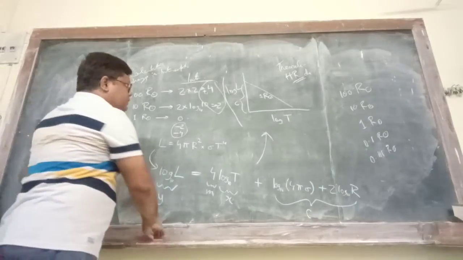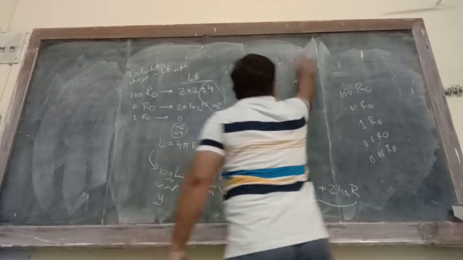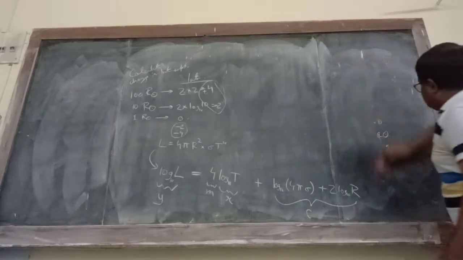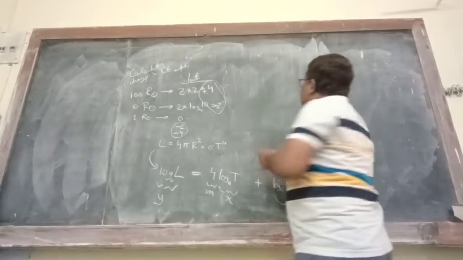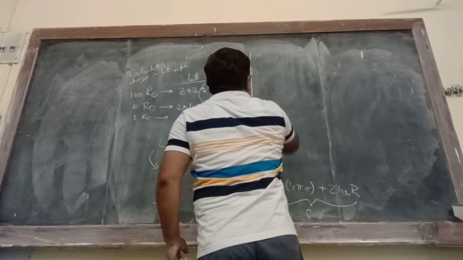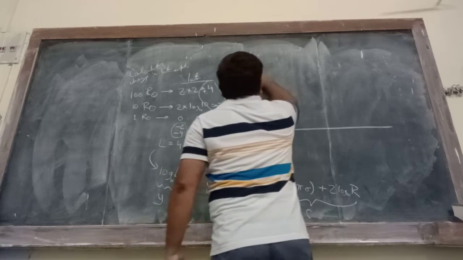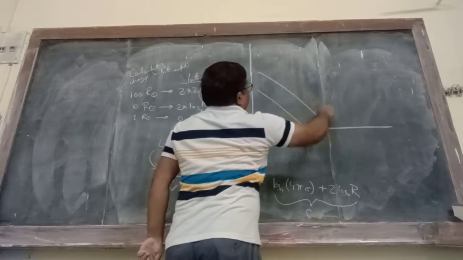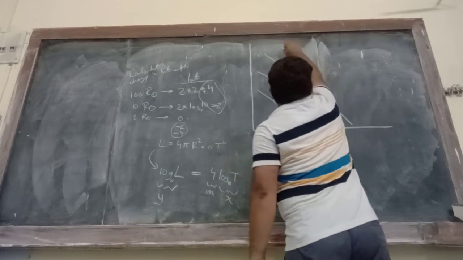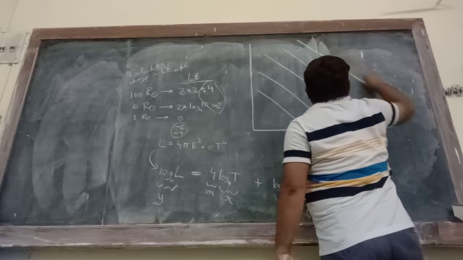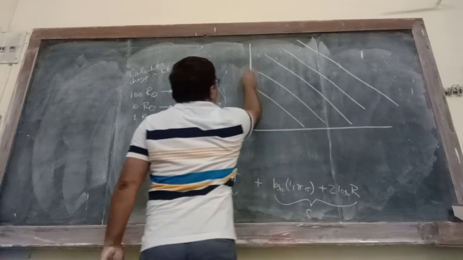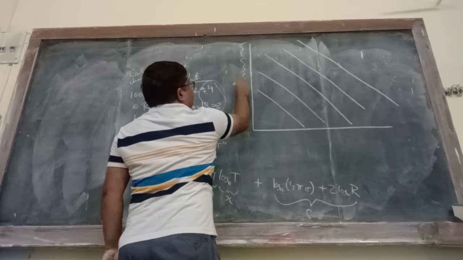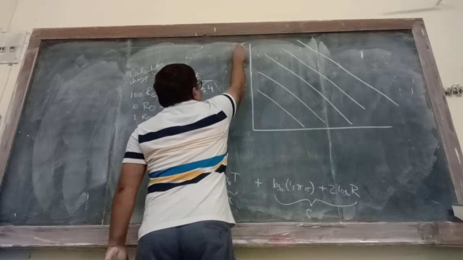So this means that, if I draw curves like this, then this will be equidistant, plus 2, plus 2, plus 2.